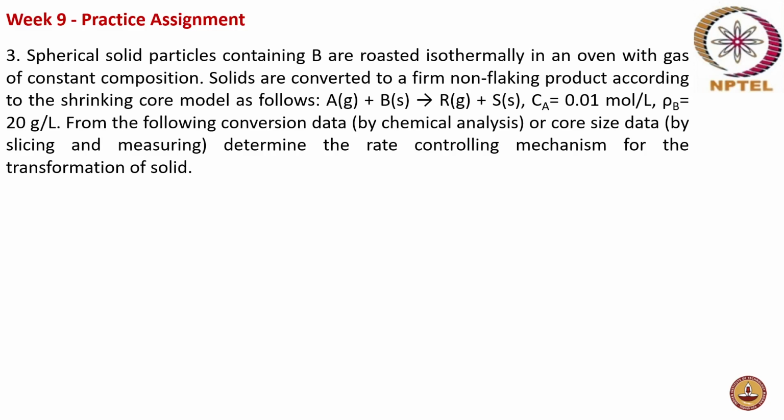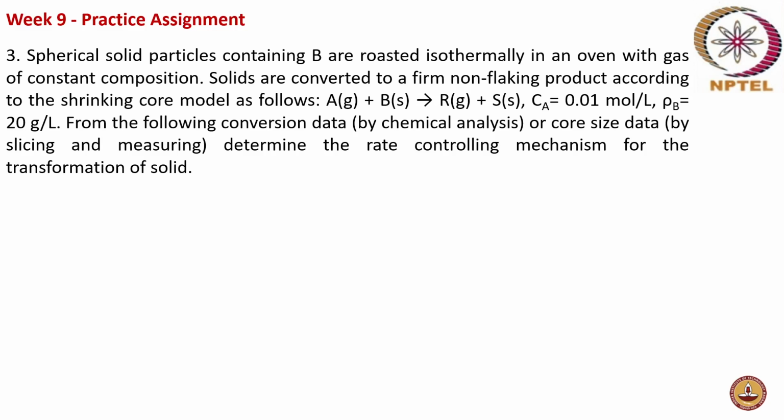Spherical solid particles containing B are roasted isothermally in an oven with gas of constant composition. Solids are converted to a firm non-flaking product according to the shrinking core model as follows.